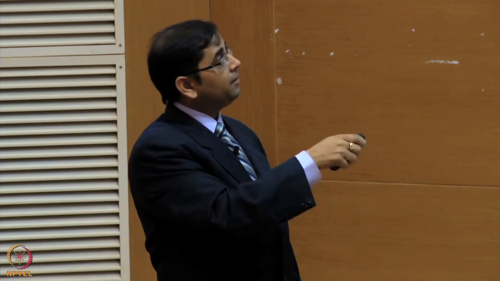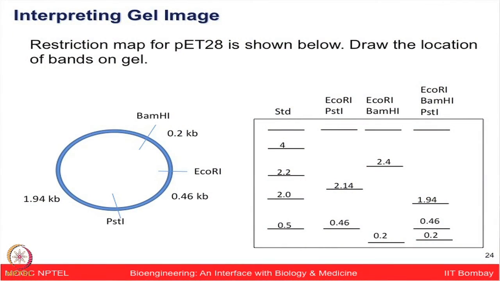If I show you a gel pattern and tell you which restriction enzymes are being used, then you have to give me information on how the vector map will look. Or if we give you a vector map, you can draw how it will look in the electrophoretic band patterns. So these two pieces of information can be easily deduced from these kinds of questions.